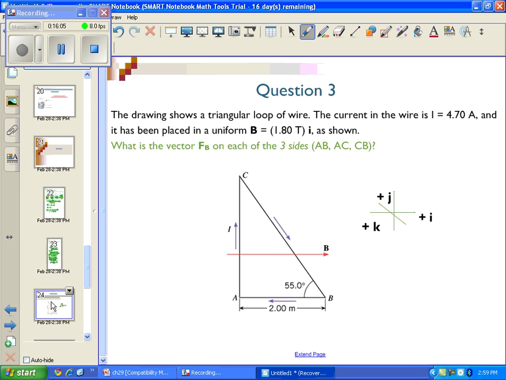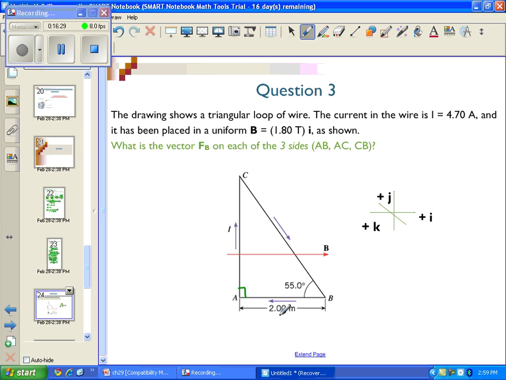Next question. Here, we are given an arrangement of 3 segments of a wire in the shape of a right triangle. The right triangle makes an angle 55 degrees along the line BA. And you can see that the length of that line is 2 meters.